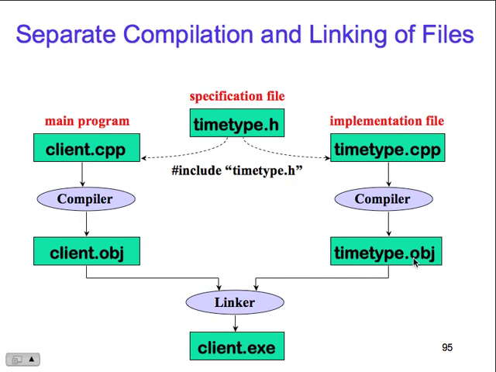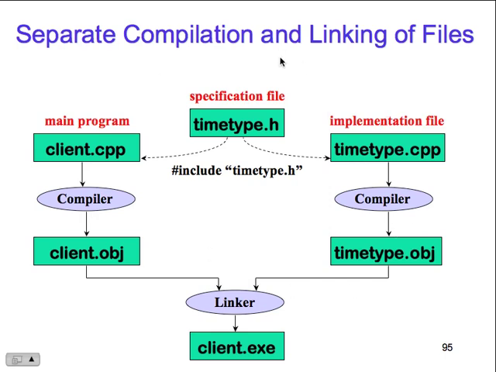Some compilers actually call it .o these days, for output. And then over here, this just stays the same. Once we've compiled this, we have the object code that goes into the linker. Over here, we've got a main program, and that gets compiled to client.obj or client.o. All this stuff gets into the linker to create client.exe.